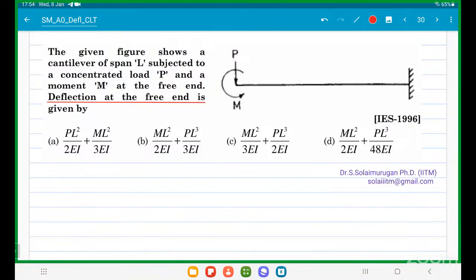What is the direction of deflection due to point load P?